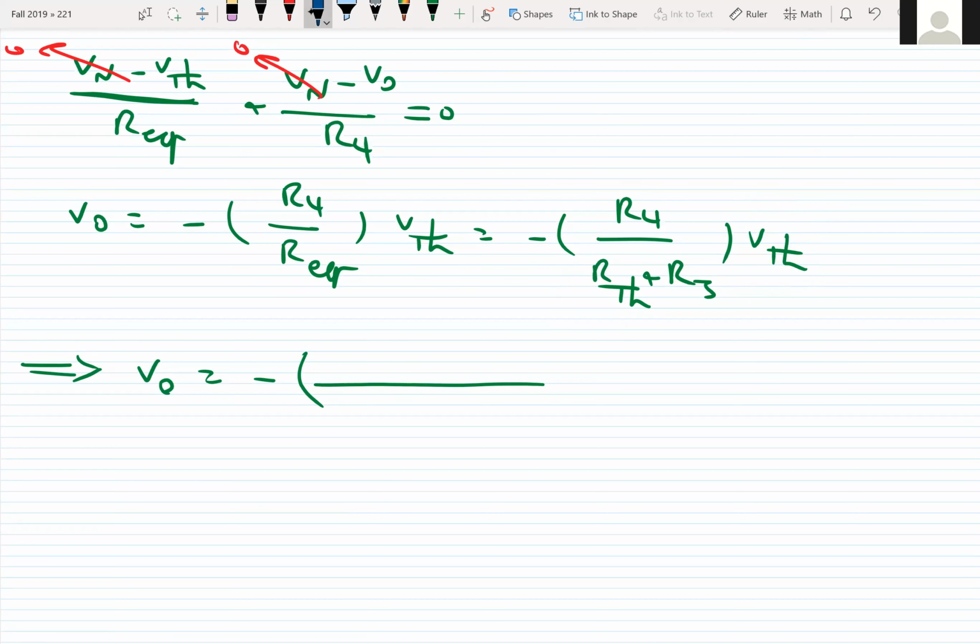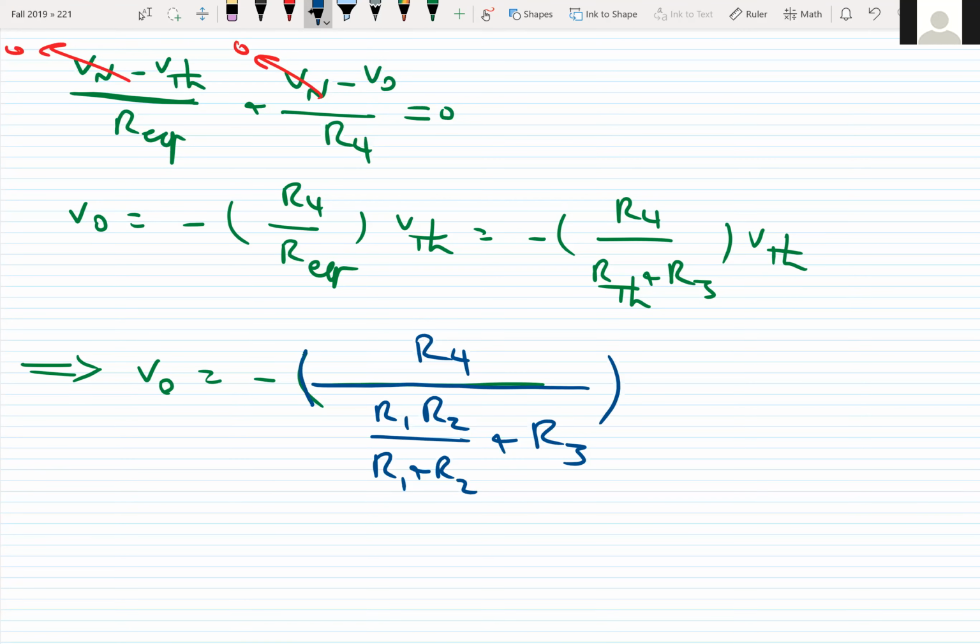VO will be equal to negative R4 over, R Thevenin is R1 R2 over R1 plus R2, plus R3, times V Thevenin, which is R2 over R1 plus R2 times Vs.